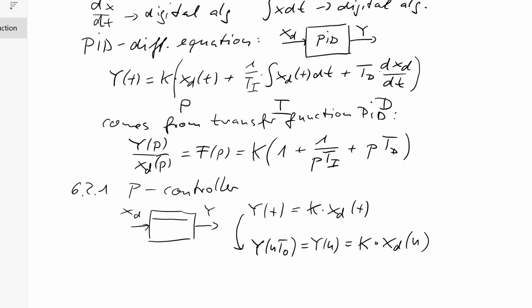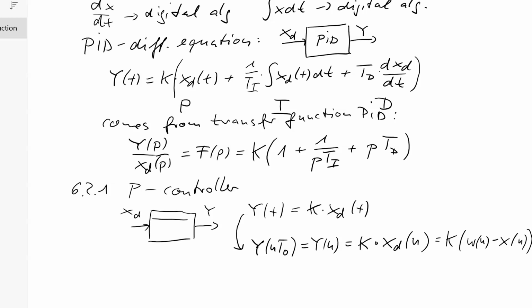So what we have is a very simple system. I sample the control difference, I sample the process output, of course, x of n, and subtract it from a desired value. Sorry, xd is desired value w of n minus measured value x of n.